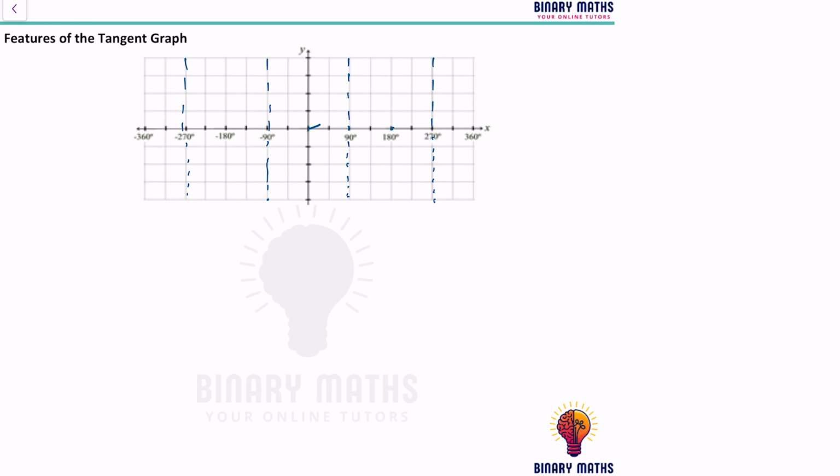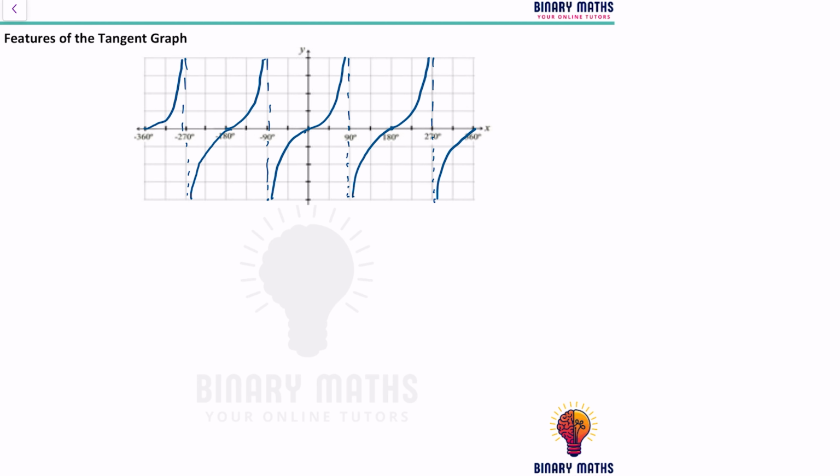It gets steeper and steeper, closer and closer to the asymptote, and then stops. It's steep going through 180, getting closer and closer to 270, but never reaching it, and so on. And you can see it's the same pattern repeated every 180 degrees.